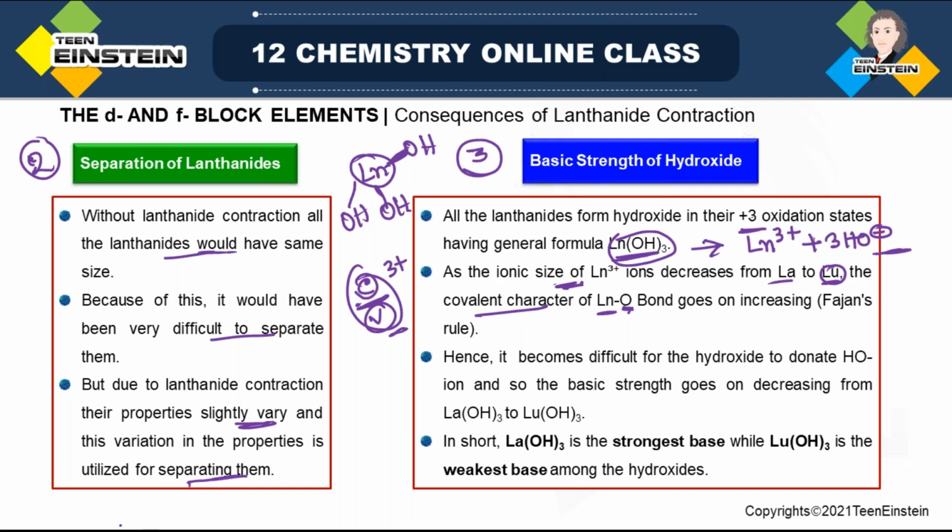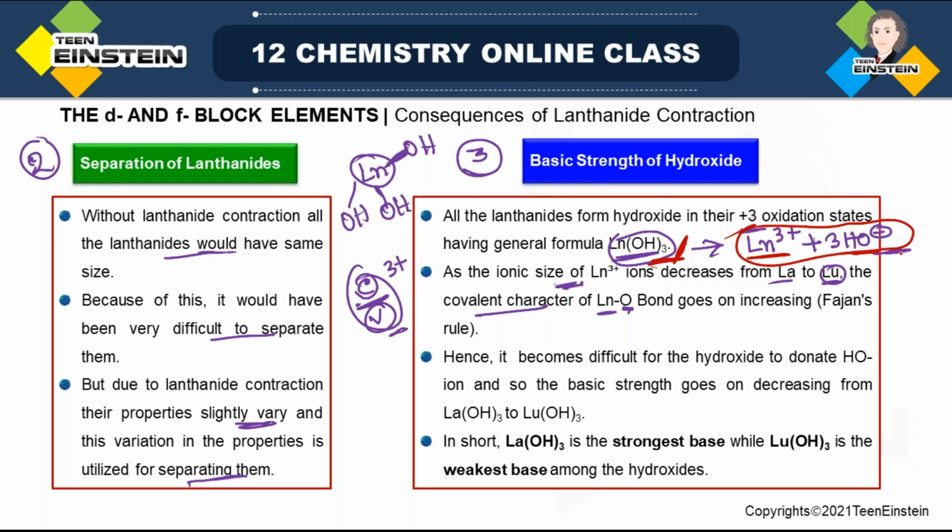Now what is the meaning of increased covalent character? It means the dissociation of this Ln(OH)3 into cation and anion will be reduced, because dissociation is a property of ionic compounds. If Ln(OH)3 is very covalent in nature, this type of dissociation will not be very high.